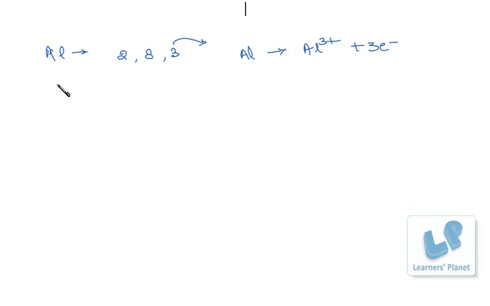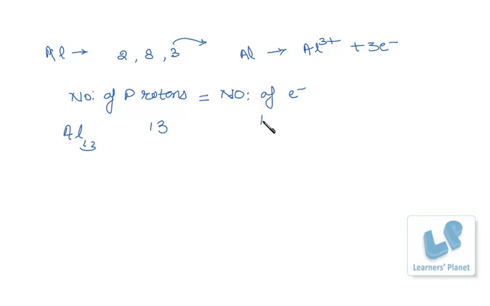I told you that an atom has an equal number of protons and electrons. That is why an atom is electrically neutral. Protons are positively charged species and electrons are negatively charged. Now in case of aluminium, the atomic number is 13, so the number of protons is 13 and the number of electrons is also 13.